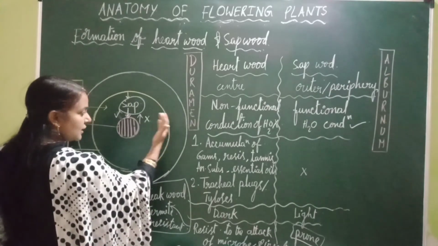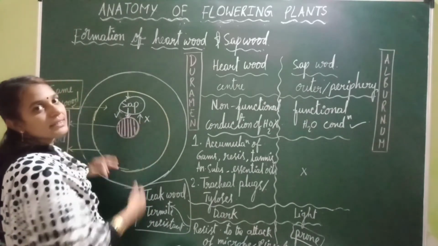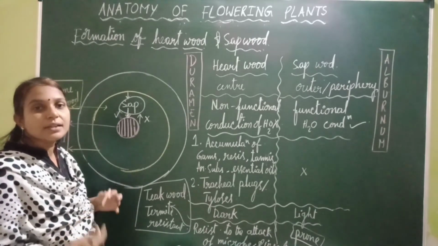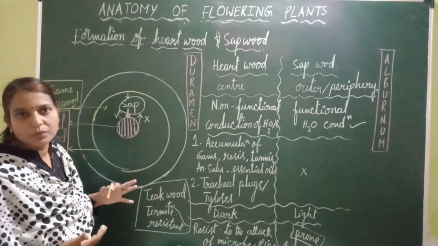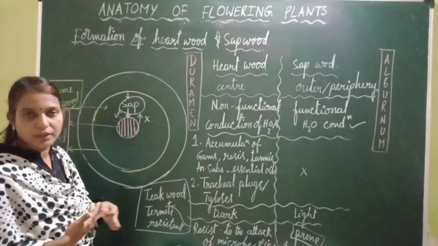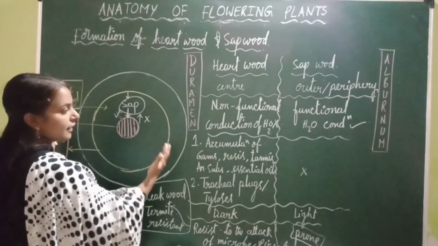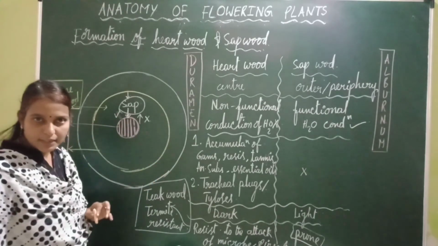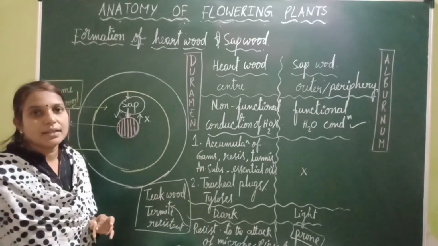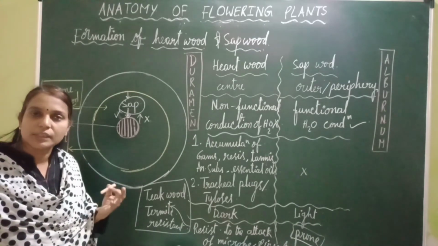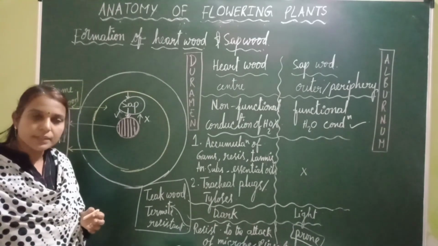Outside the stele means in the extrastelar region. That cambium which is formed in the extrastelar region is cork cambium, which is involved in the replacement of peripheral tissues which are lost during the secondary growth of the stelar region. So that is extrastelar secondary growth. In the next video, I will be explaining about extrastelar growth which is carried out by cork cambium.